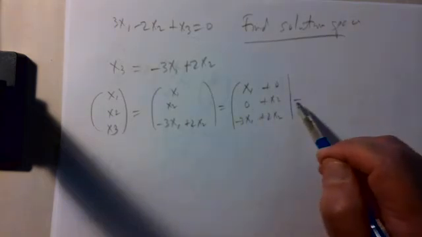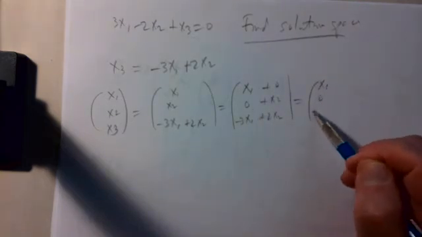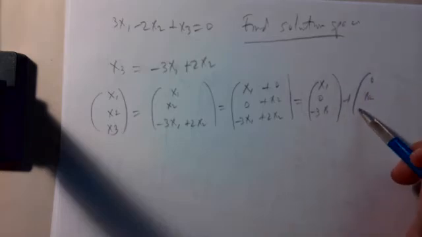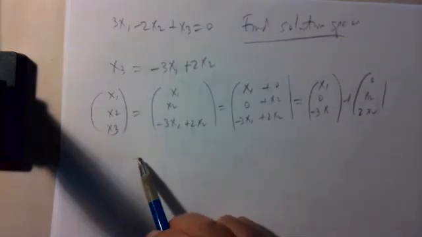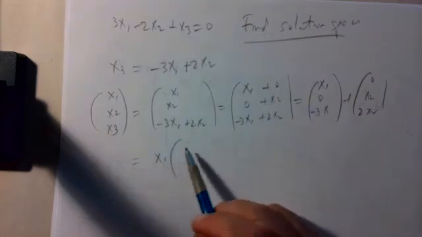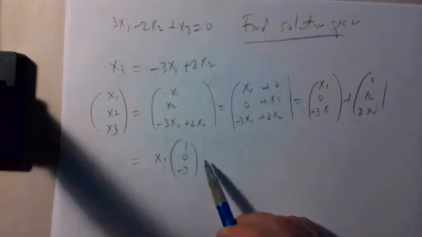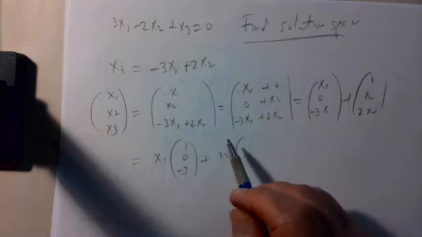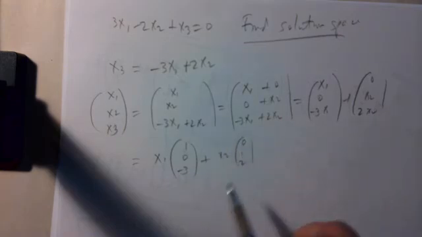This vector is a sum of 2 vectors. This is just x1 times the vector 1, 0, minus 3. And this is x2 times the vector 0, 1, 2.